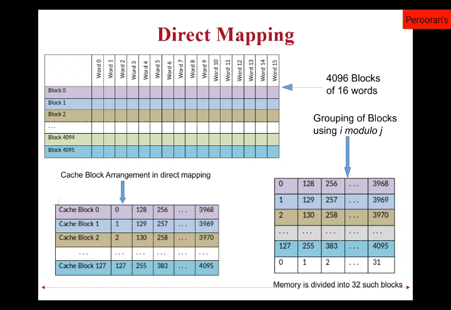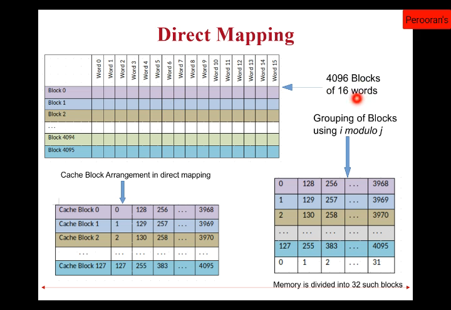So this is the main representation of our main memory. You can see 4096 blocks are there, and each block consists of 16 words. So that is why it is written 4096 blocks of 16 words are available.